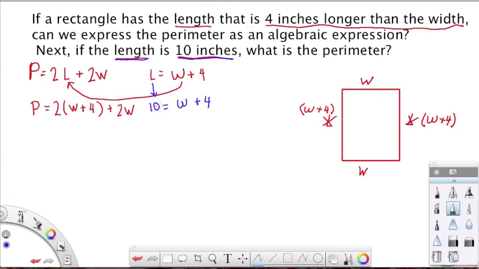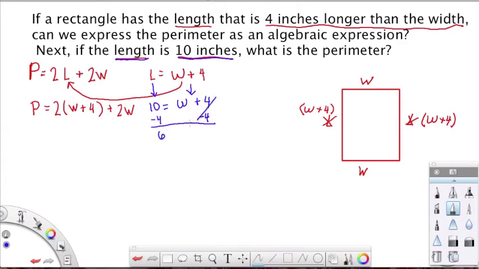Because if we just plug 10 back into here, we'd have the perimeter is equal to 2 times 10 plus 2 times W. We wouldn't know what W is. But guess what? This enables us to figure out what W is. See, if I take 4 away from here and 4 away from here, bring it down, 10 minus 4 is 6.